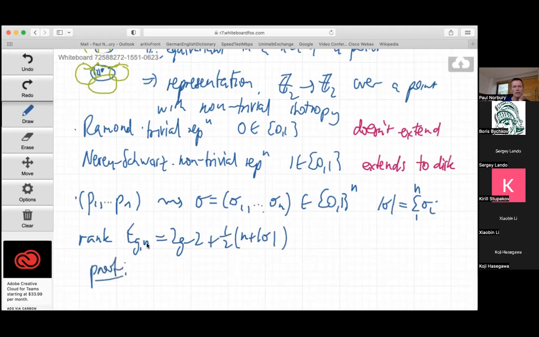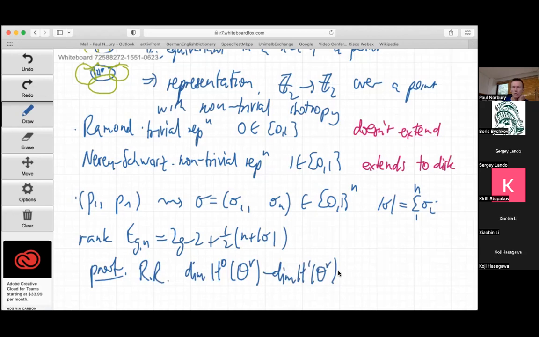So the proof is, well, let me state it, it's Riemann-Roch. So actually orbifold Riemann-Roch, so I'm not going to explain that completely. I'll give a reference for it. So Riemann-Roch tells us that the dimension of H0 of theta dual minus the dimension of H1 of theta dual is equal to 1 minus g plus the degree of theta dual.